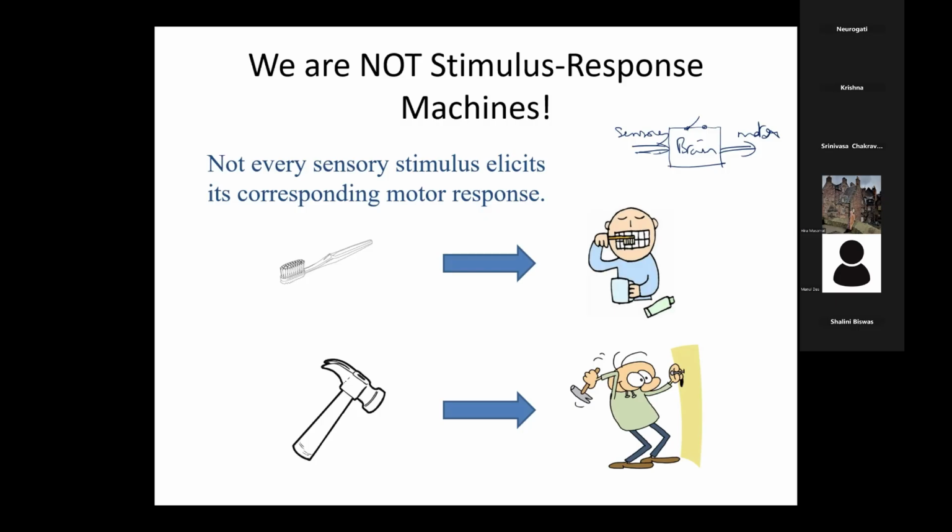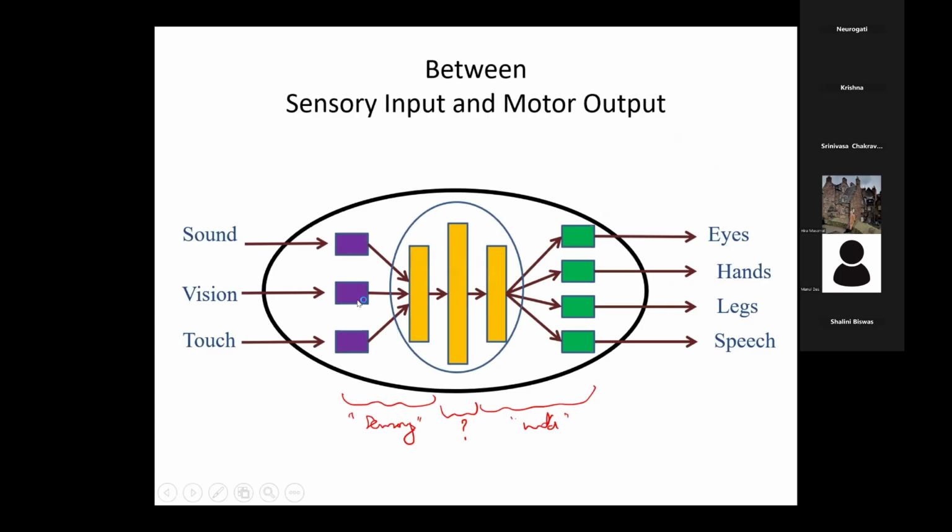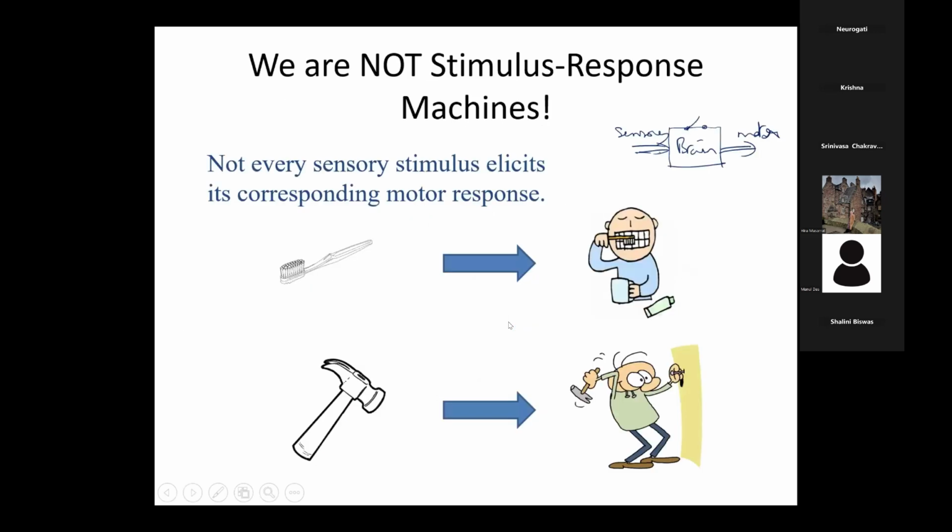So whatever input is given to the network, it won't automatically produce the output. There has to be some kind of gating that occurs somewhere in the middle that decides which action I should exactly produce, and whether I should actually perform an action or not, or remain silent. So some kind of decision making has to occur somewhere in the middle. Otherwise, we'll be completely slaves of the environment.